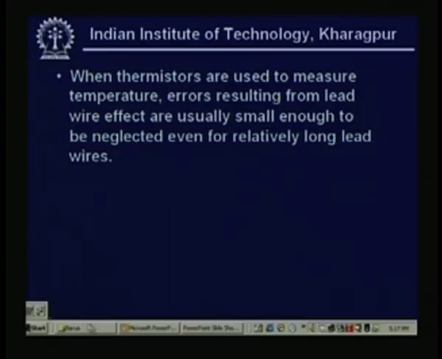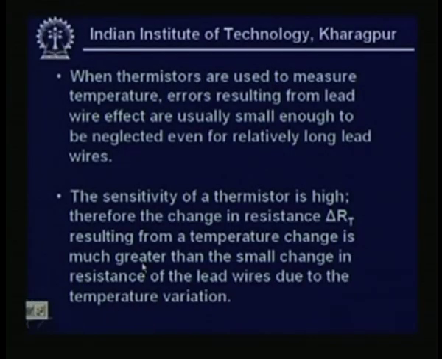So, you will see that when thermistors are used to measure the temperature, errors resulting from the lead wire effect are usually small enough to be neglected even for relatively long lead wires, can be a few meters also. The sensitivity of a thermistor is high, therefore, the change in resistance delta RT resulting from a temperature change is much greater than the small change in resistance of the lead wires due to the temperature variation.